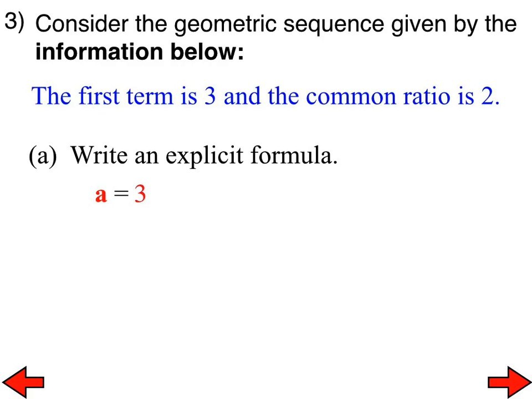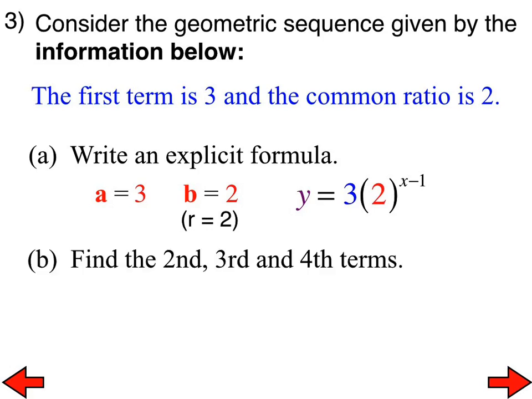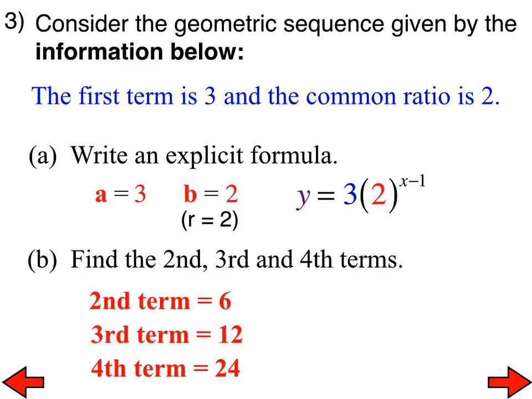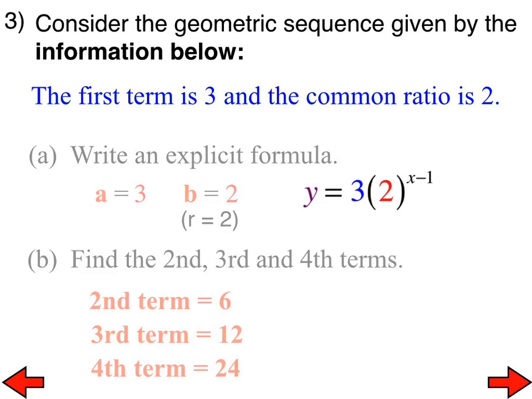That gives us an explicit formula of this right here. That should be obvious. That helps us find part B and part C. For part B, you're finding the second term, third term, fourth term. Second term is 6. Third term is 12. Fourth term is 24. Any questions on how we get those 3? If you've got that, then part C is just as easy.